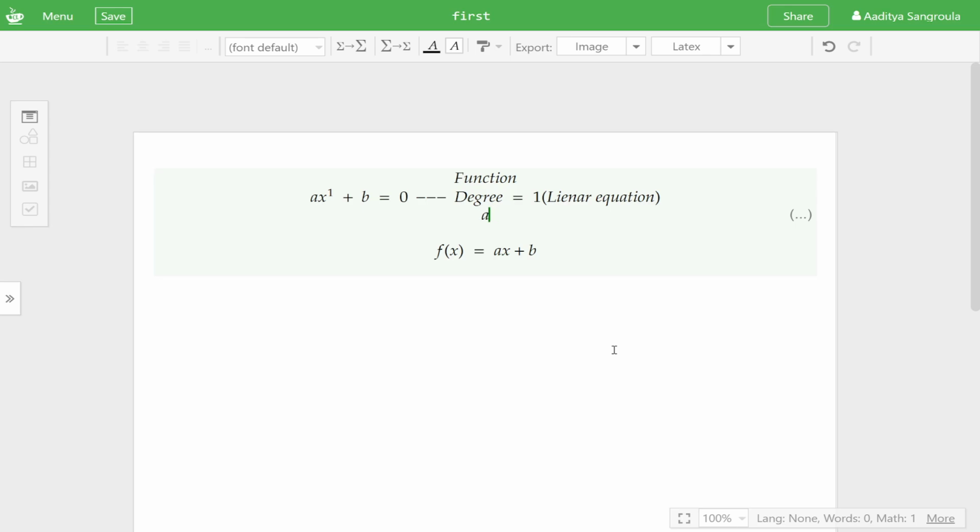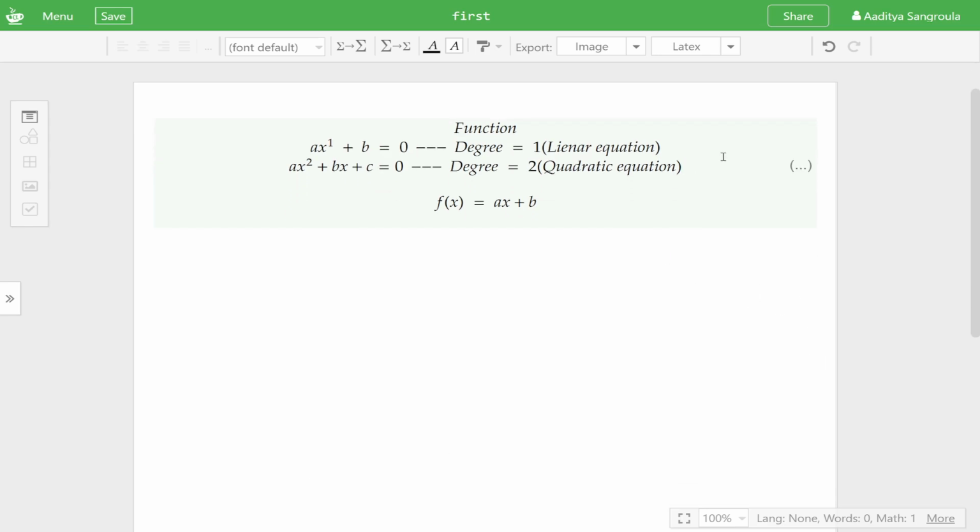If we had ax squared plus bx plus c equal to, let's say, 0, then we get another degree that becomes 2, because the highest power of the variable is 2. So this is called a quadratic equation. Here only x is the variable, and a, b, and c are the constants, if you guys already know that.